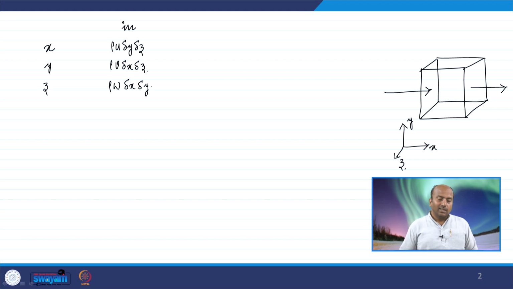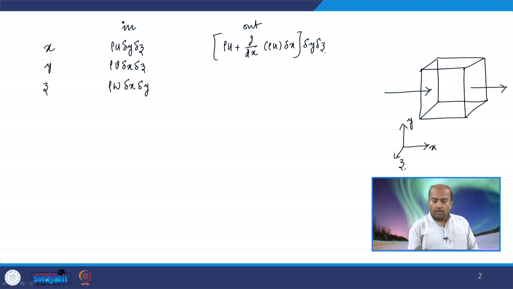So, delta x delta y, for instance, indicates the area element which is perpendicular to the flow, and if it is in, this is the amount of fluid that is going in. We can also calculate the amount of fluid that is going out in the same direction, which can be rho u plus dou by dou x of rho u delta x, times delta y delta z.